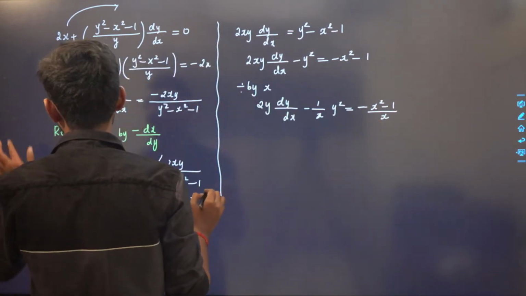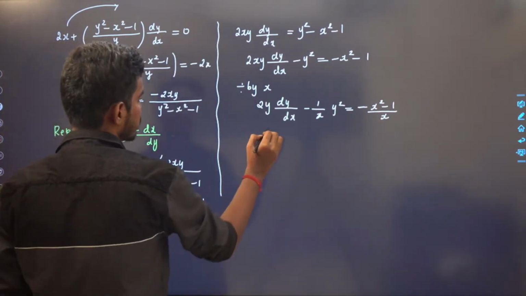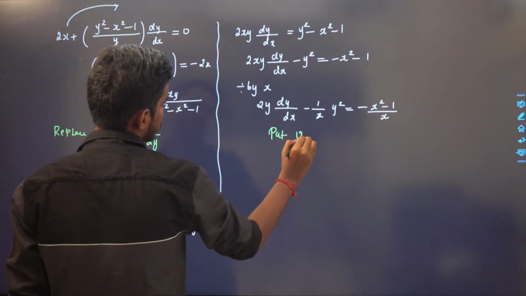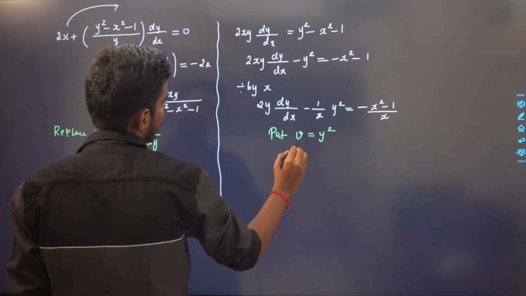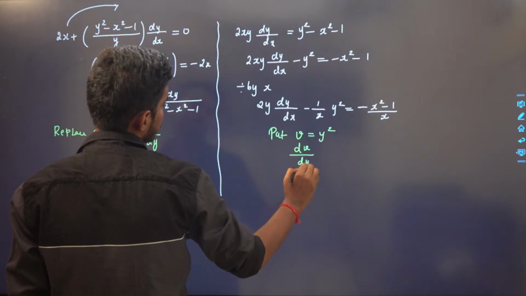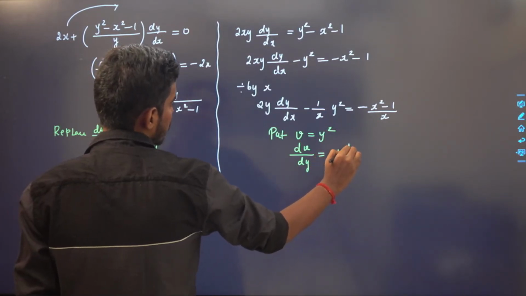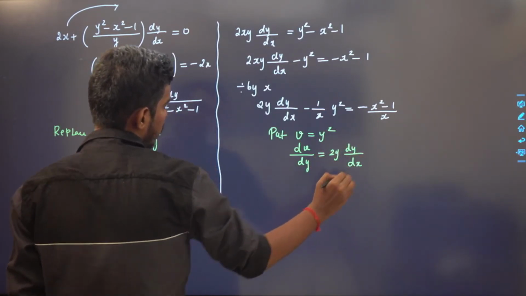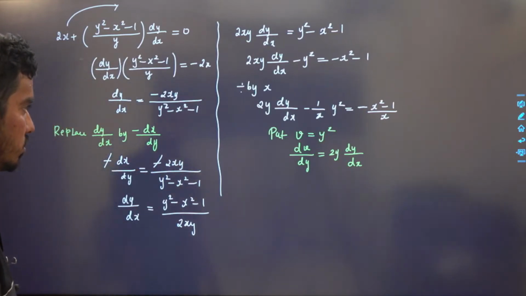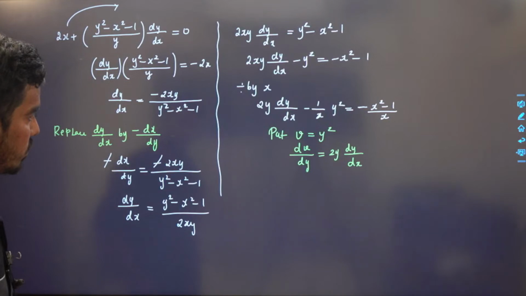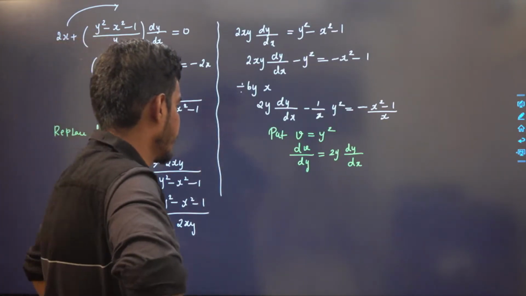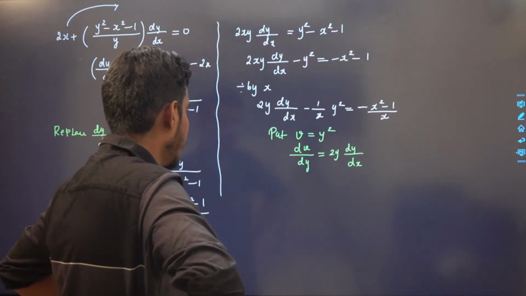Now you put v equal to y square. So dv by dy... 2y dy by... okay, put v equal to y square, 2y dy by dx.